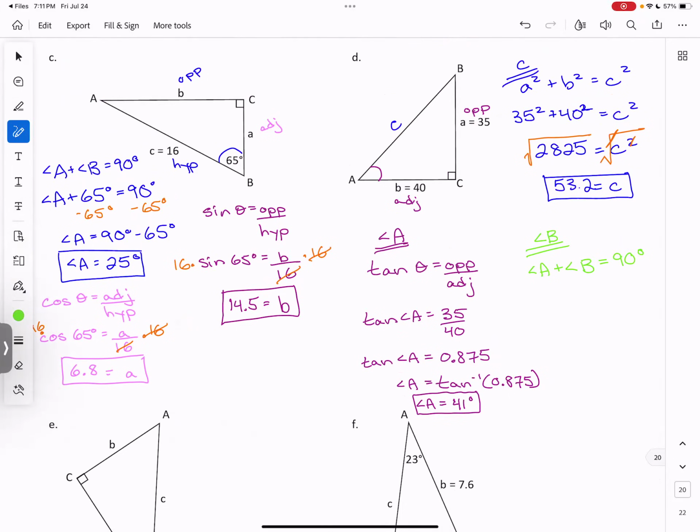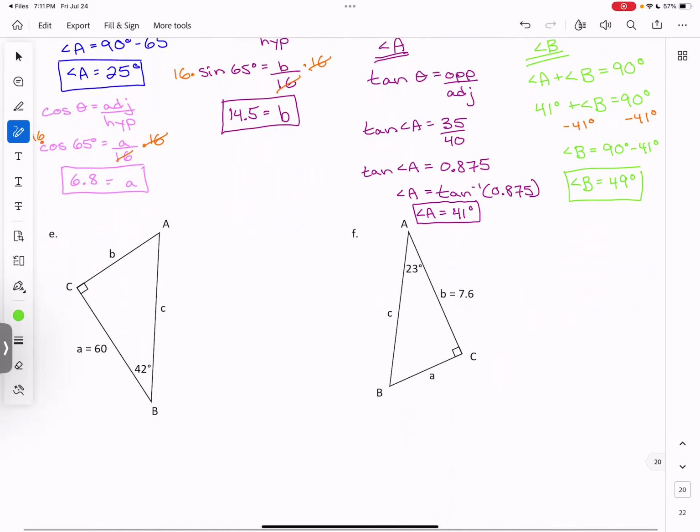We found angle A was 41 degrees, so if we subtract 41 from both sides, we get angle B is 90 minus 41. That'll give us 49 degrees. Now we have solved angle A, angle B, and little c, so we've solved everything.